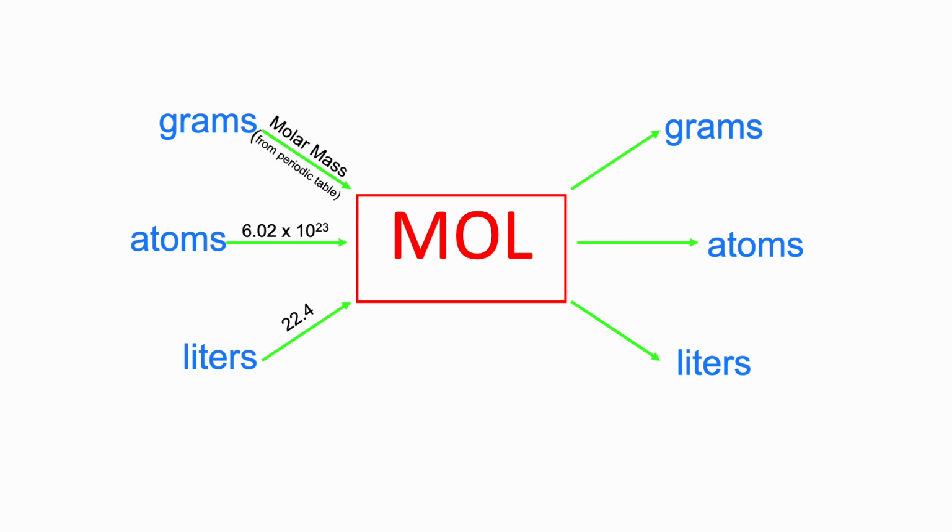Atoms is always 6.02 times 10 to the 23rd, and liters is 22.4 liters. Grams, again, molar mass. Atoms, 6.02 times 10 to the 23rd, liters, 22.4.